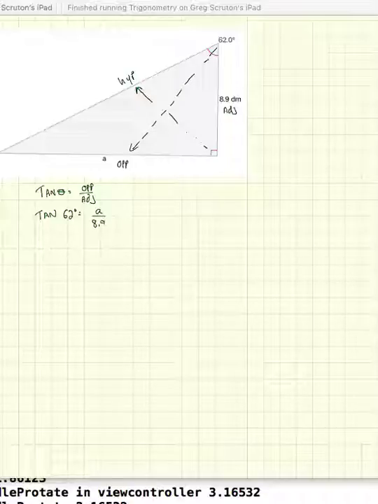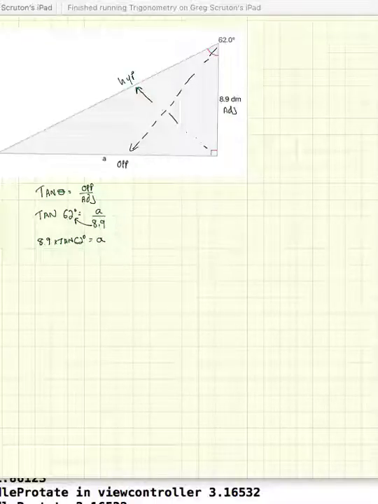Okay, and I just want to get the A alone, so I'm going to cross multiply the 8.9. So we have 8.9 times tangent of 62 degrees is equal to A.